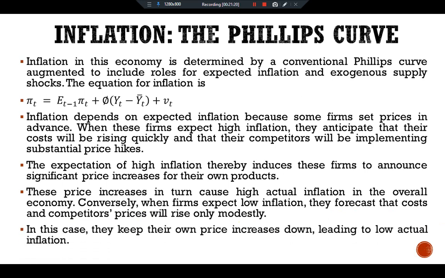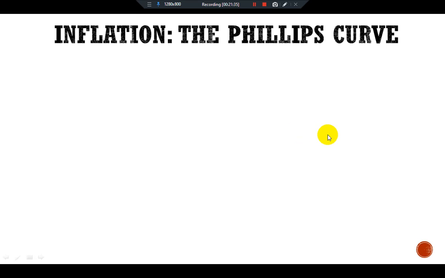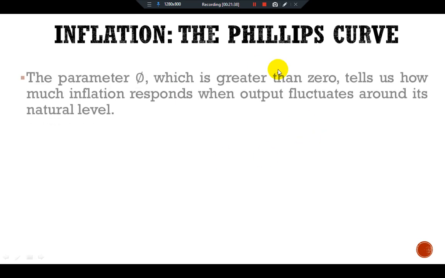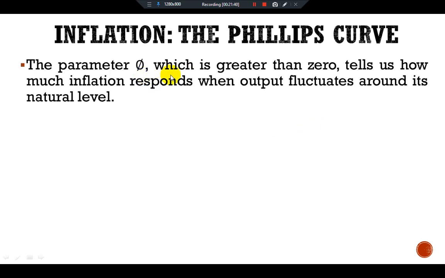Okay, in this case, they keep their own price increases down, leading to a low actual inflation in the economy. Okay, moving toward the further explanation related to inflation, the Phillips curve, the parameter phi, which is greater than 0, tells us how much inflation responds when output fluctuates around its natural level.